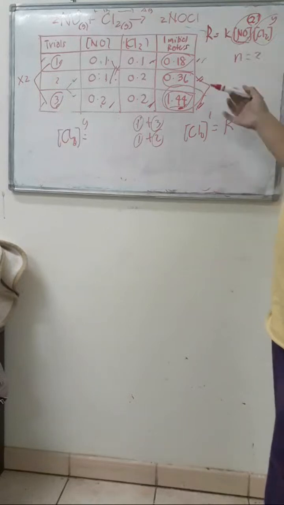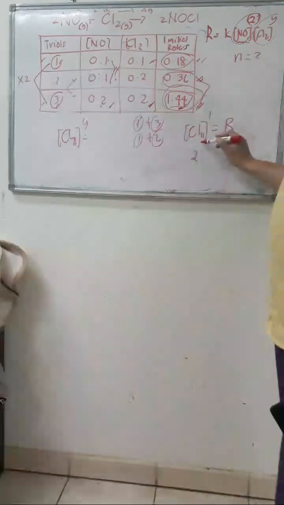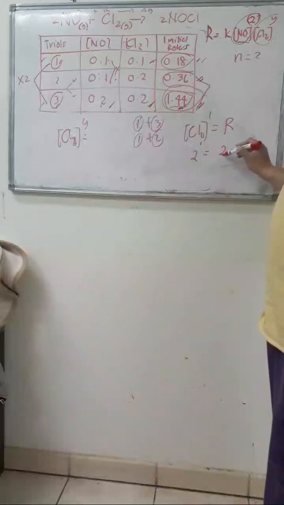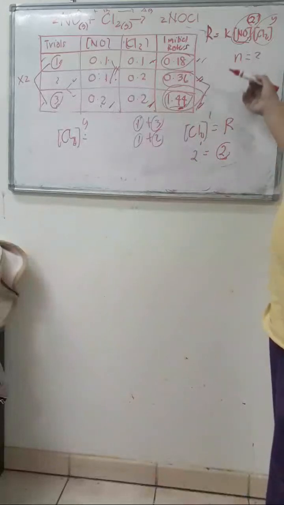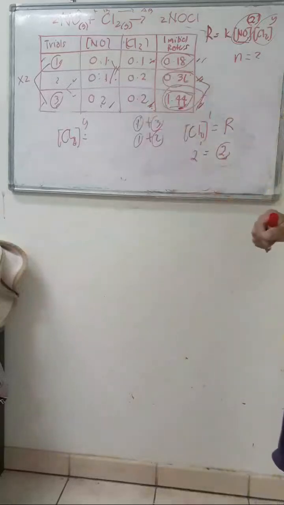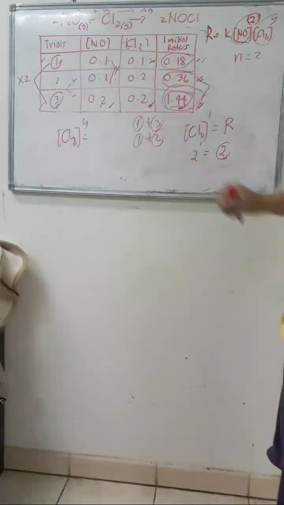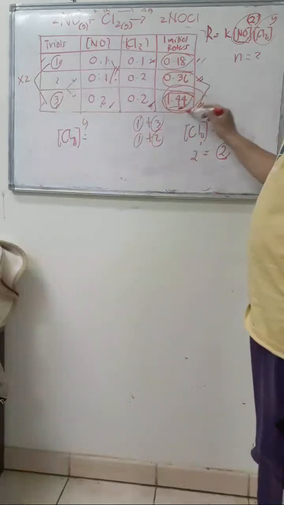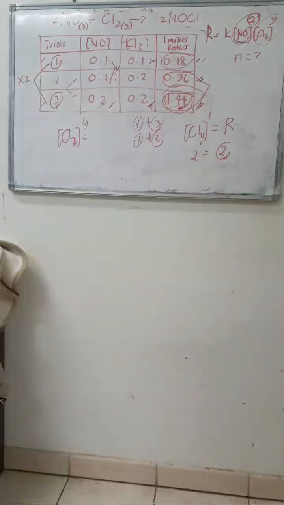So therefore, 2 to the power 1 is equal to 2. So is this correct? For 1 and 3, you need to increase by a factor of 2 to come up with 1.44. So again, 0.18 times 2. So it's not, because it's 0.36. It's not 1 and 3.